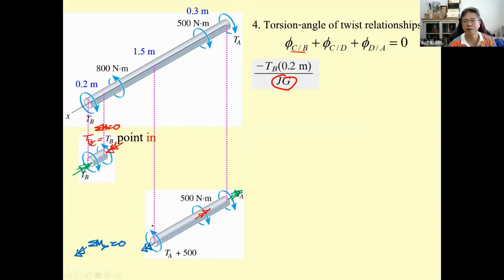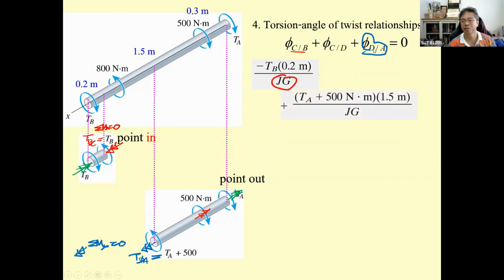This is going to be the portion of dA. So T sub dA is in this direction, opposite to the red and green, equal to T sub A plus 100. So this guy is going to produce the positive, okay, pointing out is going to be positive. No, not the A, sorry, I'm wrong.